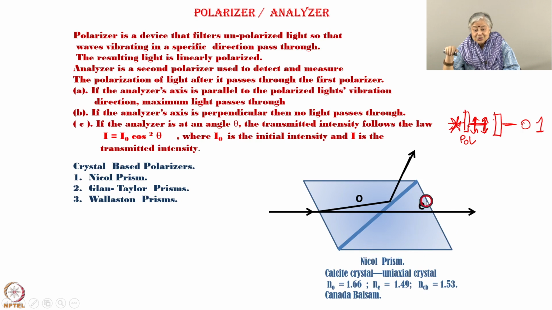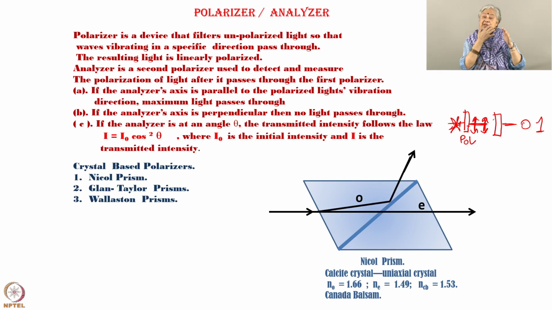Now when this is split into two, you look at this O ray. The O ray has a refractive index of 1.66, and it encounters a medium with a refractive index of 1.53. So it's a rarer medium, and this undergoes total internal reflection. You remember total internal reflection?